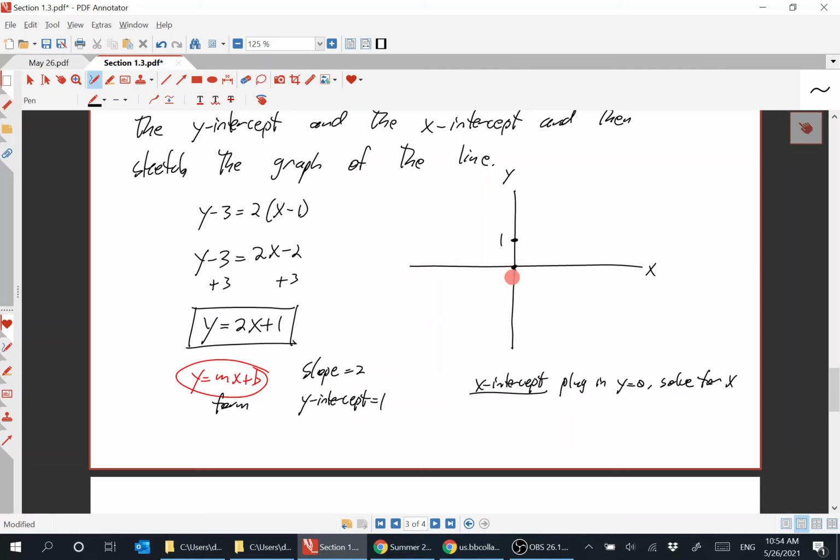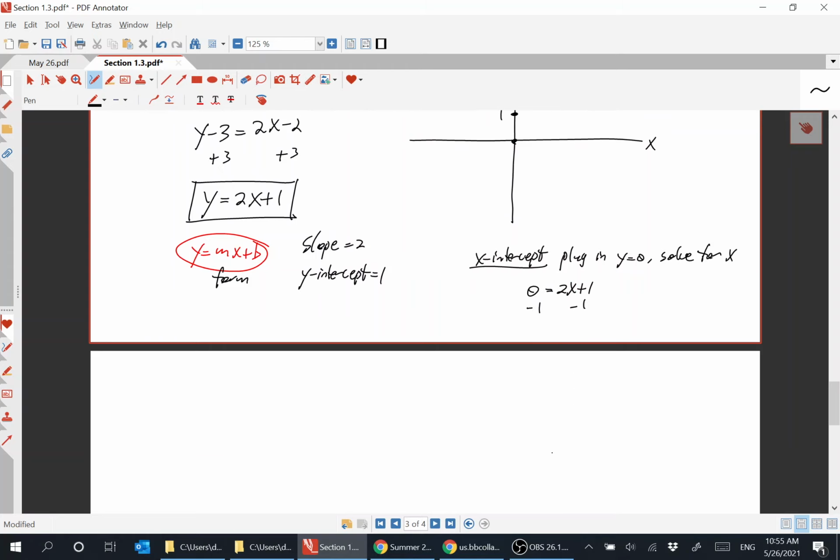The y-coordinate will be 0, and then you just have to figure out what the x-coordinate is supposed to be. You can do it either in this equation of the line or that equation of the line. So 0 is equal to 2x plus 1. Subtract 1 from each side, and minus 1 is equal to 2x.